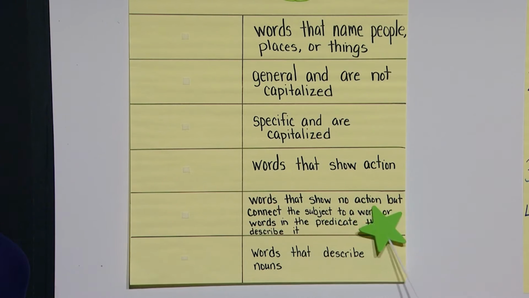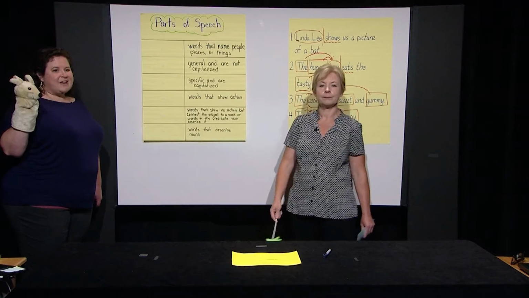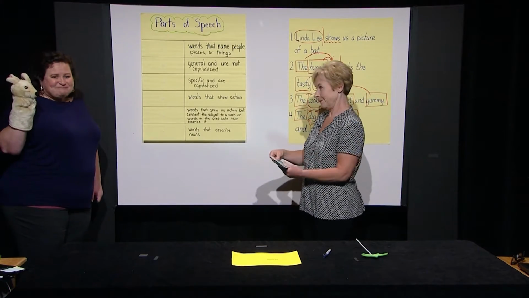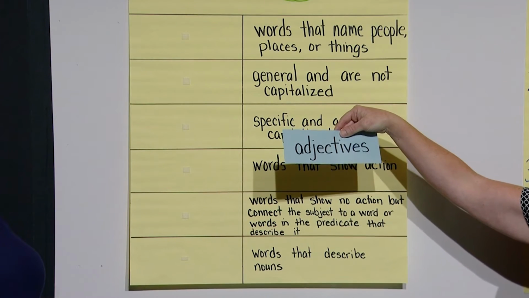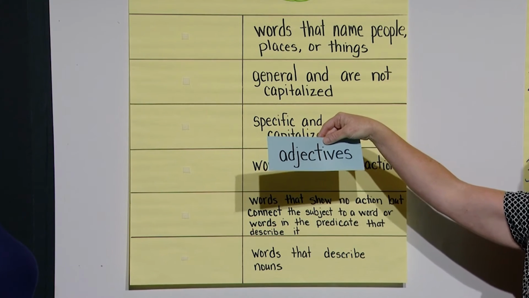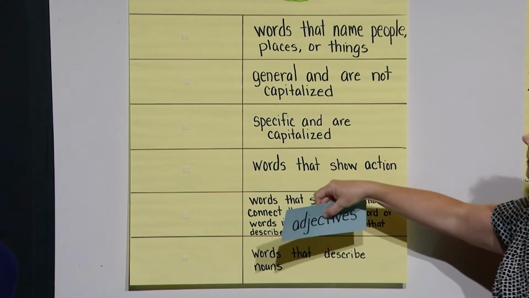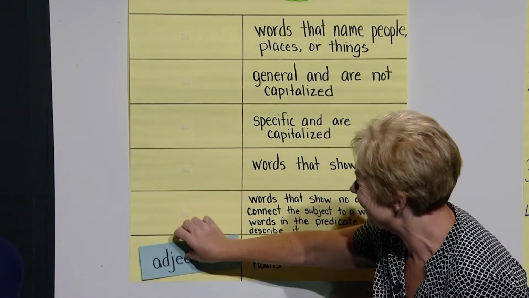Words that show no action but connect the subject to a word or words in the predicate that describe it. Words that describe nouns. All right, Candy, show us our first word. That says adjectives. I know adjectives describe nouns. It belongs with that definition. Yeah, there it is. Found it.